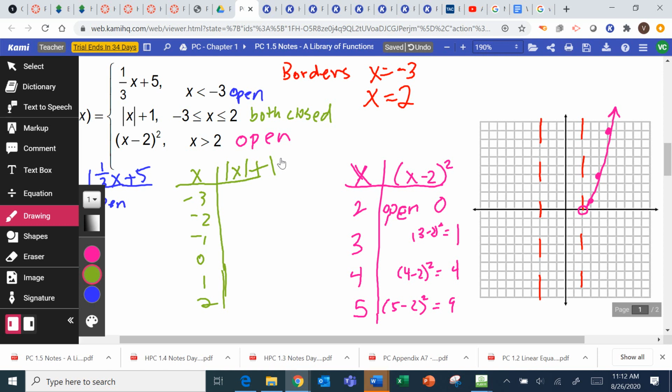It could just look like a straight line if we graphed a certain part of the V. Absolute value of x plus 1, so 3 plus 1 is 4. 2 plus 1 is 3. 1 plus 1 is 2. It'll be 1, 2, 3. So -3 is 4.